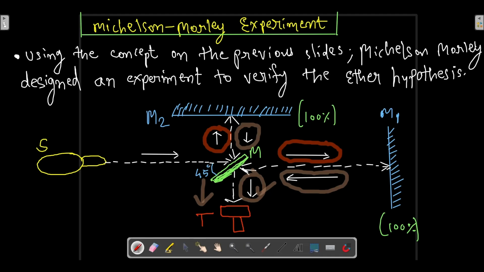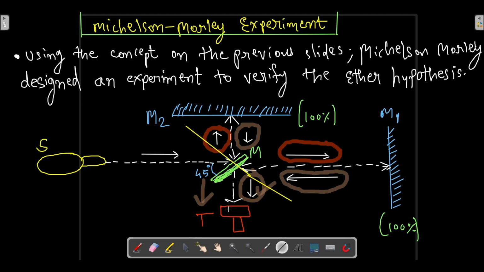And if this angle is 45 degrees, and you draw a normal over this mirror M, the normal will look something like this.